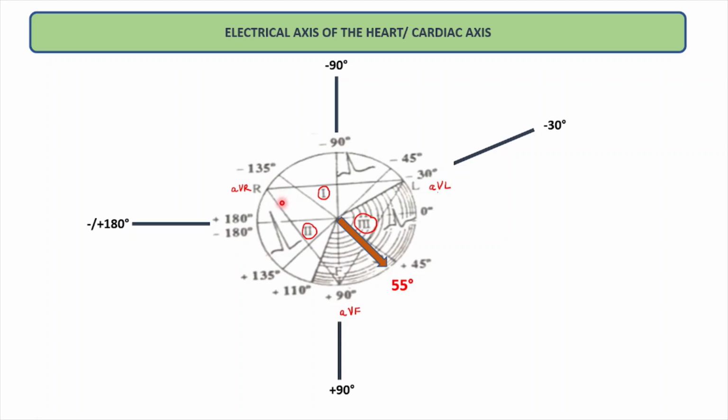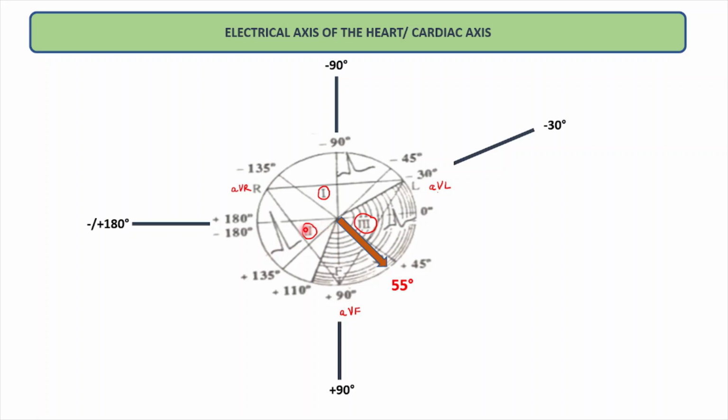Besides, there are 12 leads which are required to record the electrical activity of the heart during ECG. Among them, there are 3 standard leads or bipolar limb leads, that is lead 1, lead 2 and lead 3.